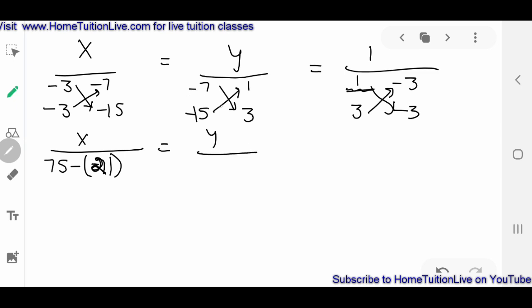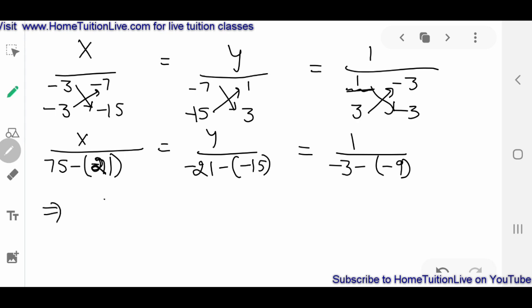Y, minus 7 times 3 is minus 21, minus 1 multiply minus 15 is minus 15. Minus 3, 1 multiply minus 3 is minus 3, minus 3 multiply 3 is minus 9.